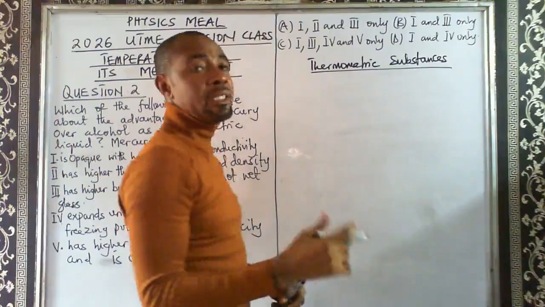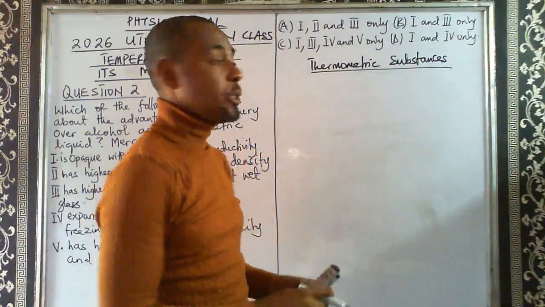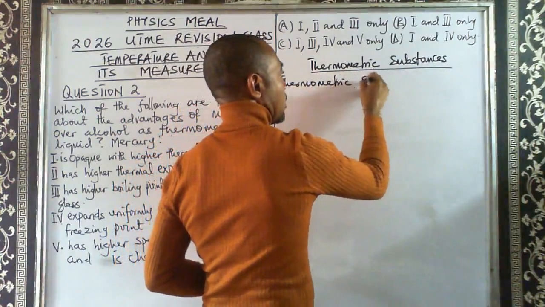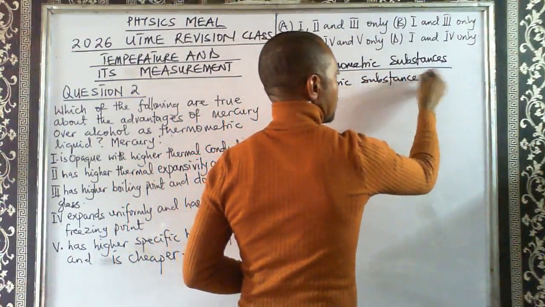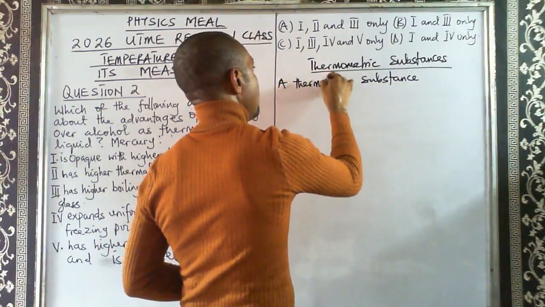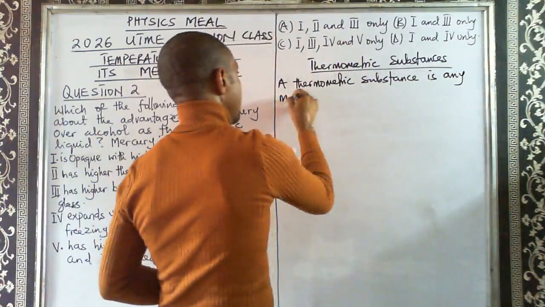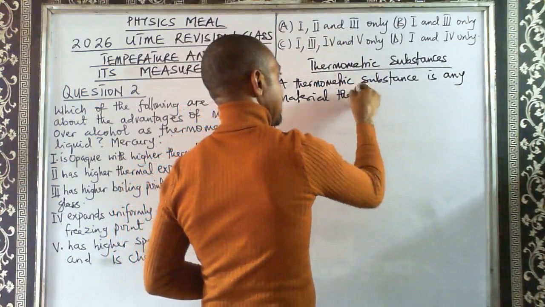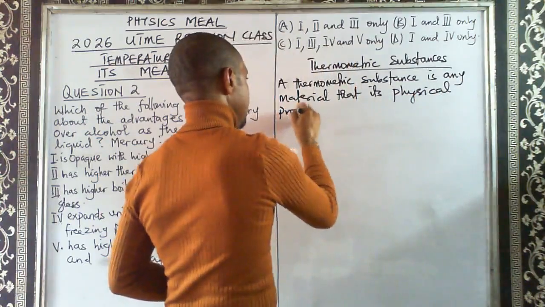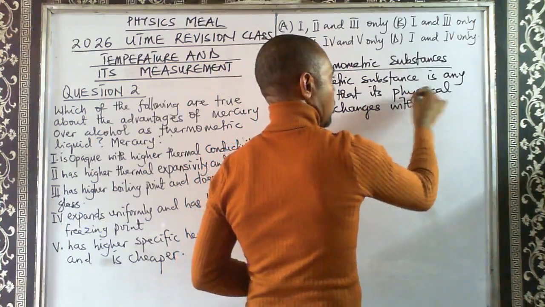A thermometric substance is any material that its physical property changes with temperature.